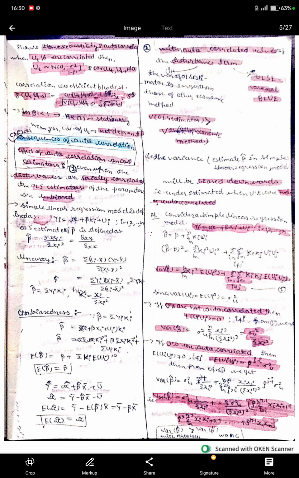AR(1) is stationary: the mean, variance and covariance of u_t do not depend on t.